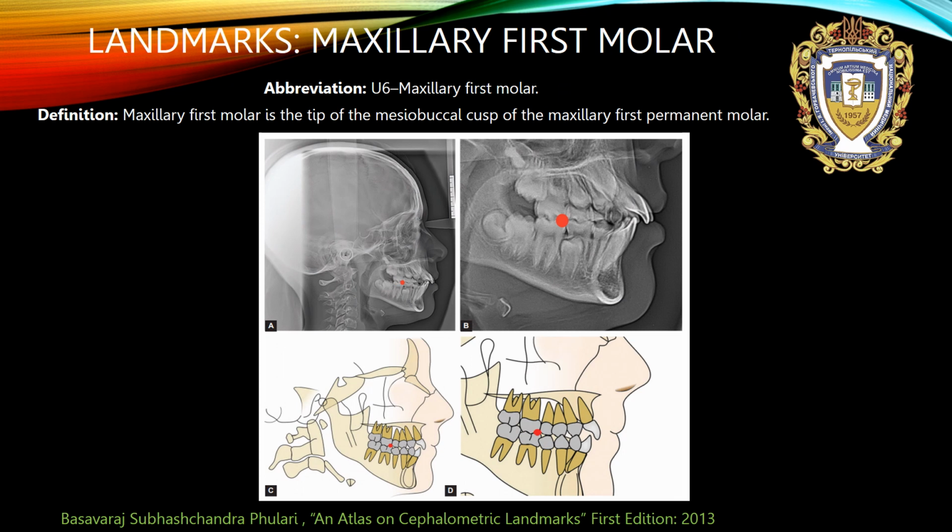Maxillary first molar, U6, upper 6, is the tip of the mesiobuccal cusp of the maxillary first permanent molar. It is the cusp which indicates the big key of occlusion, the mesial buccal cusp.